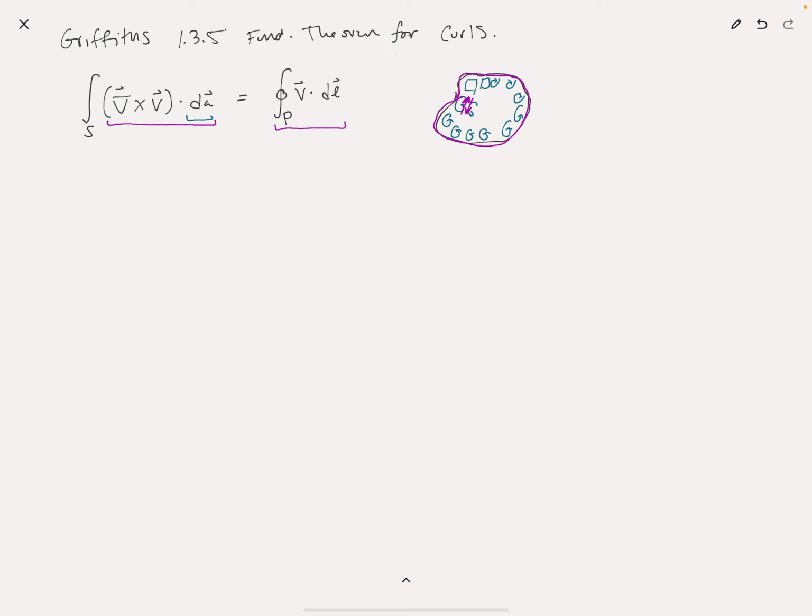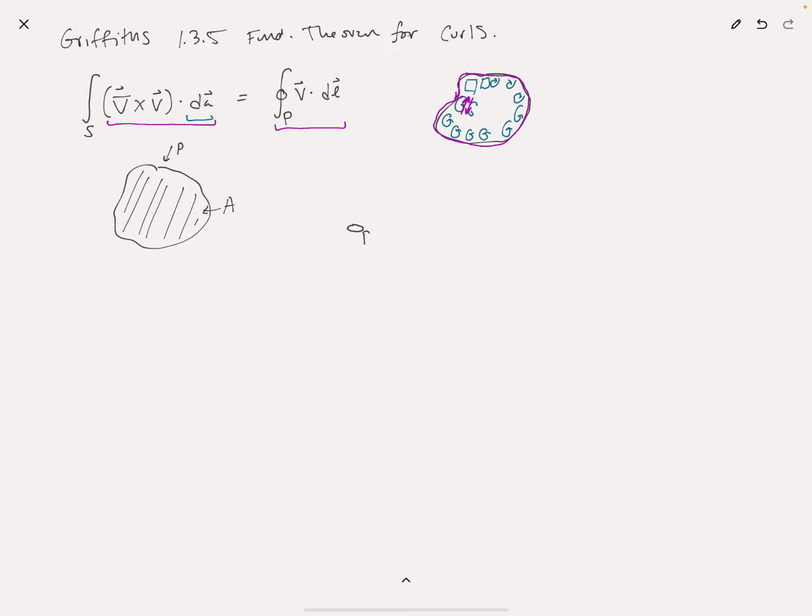Just a note though, this surface can be any surface as long as you have a bounded path. If I imagine something that looks kind of like a balloon, I could have a traditional surface like this in 2D, where this is my perimeter and my area is just filling all space between there. Or I could have something that looks like a balloon, where I have a bottleneck right here.